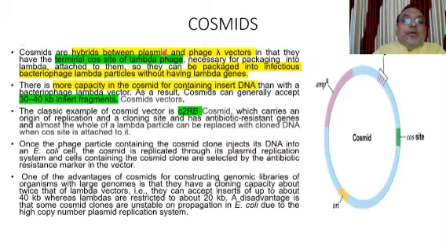Plasmids having the cos site of lambda phage are called cosmids, and they can be packaged into infectious bacteriophage lambda.